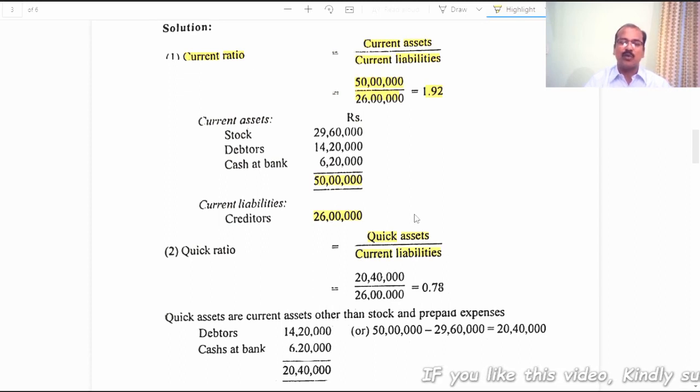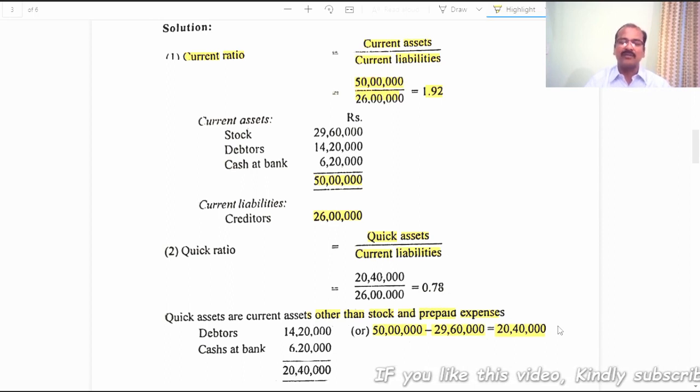Since there is no bank overdraft in the problem, you can say current liabilities are equal to quick liabilities. Quick assets, how to calculate? Current assets minus stock and prepaid expenses will give you the quick assets. 50 lakh rupees is the value of current assets. If you subtract the value of stock, 29 lakh 60,000, you get the balance of current assets amounted 20 lakh 40,000.